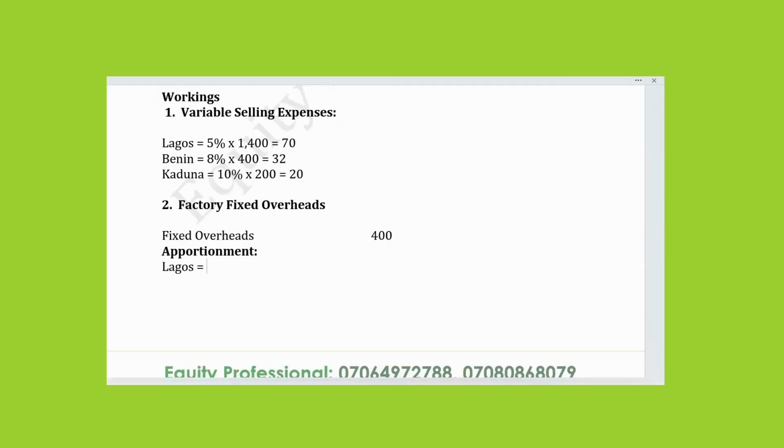We are told that Lagos will manufacture and sell 70,000 units. So 70,000 divided by 100,000, then multiply by 400,000.